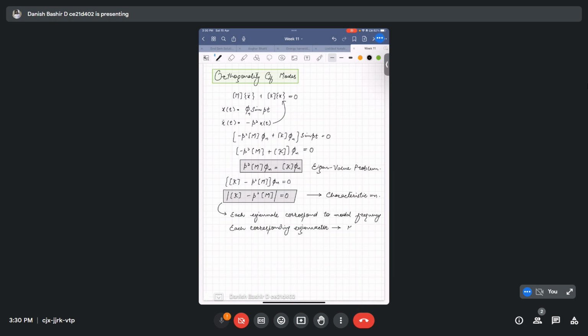In the last class, I solved 2-3 multi-degree of freedom problems where I showed what we mean by modal frequency and mode shape. So consider we are having two mode shapes. For example, one mode shape phi n, corresponding to the natural frequency p n.